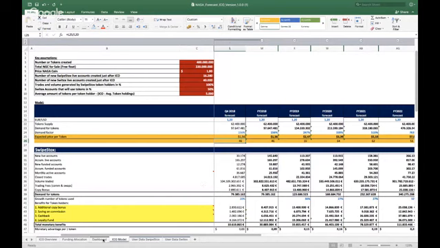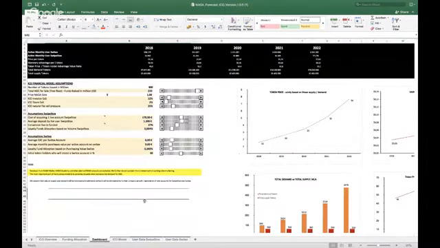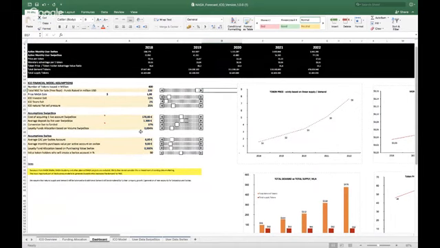Please remember all this. On the dashboard, we have created small toggles where you can play around with the numbers. Everything you see here is aggregated and based on the sheets that I showed you earlier.